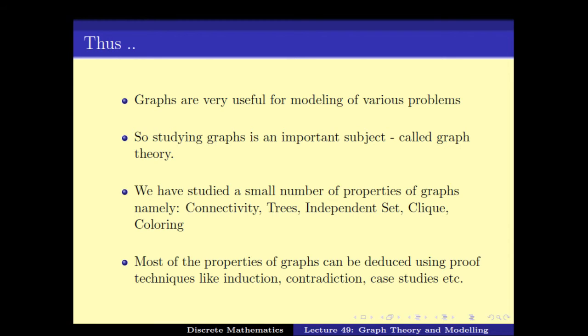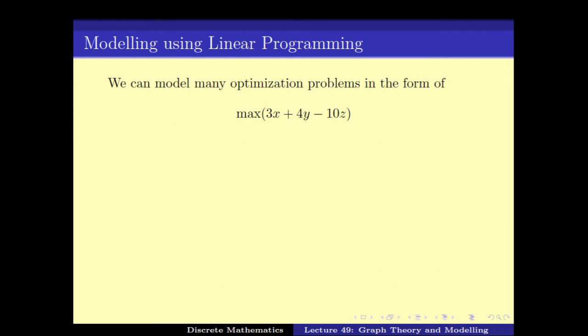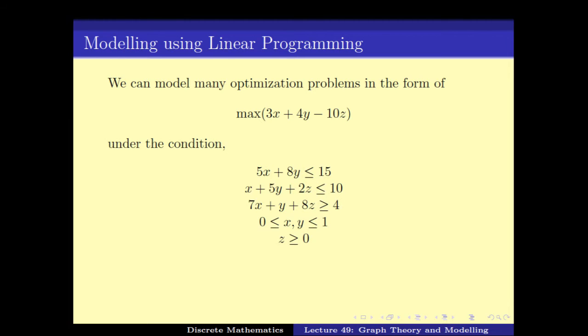to solve properties of graphs. Now one more model that is used extensively is the linear programming model. The idea is that you can maximize or minimize a linear equation under a set of conditions, and this is called the linear programming model.